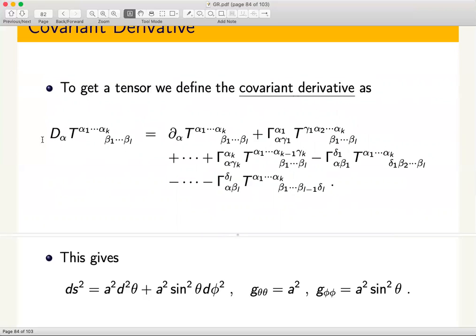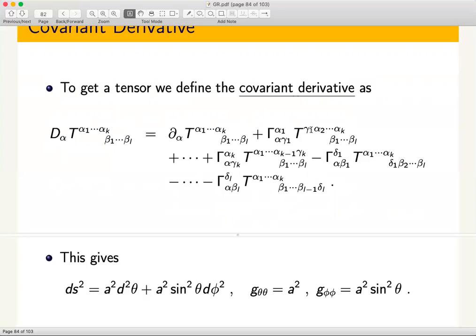It contains, of course, a partial derivative, and the partial derivative acts exactly the way it would have acted on any tensor. That doesn't require much discussion. But in addition to that, the covariant derivative contains a term which involves a Riemann-Christoffel connection, and it comes with a plus sign whenever you exchange an index on the tensor which is contravariant.